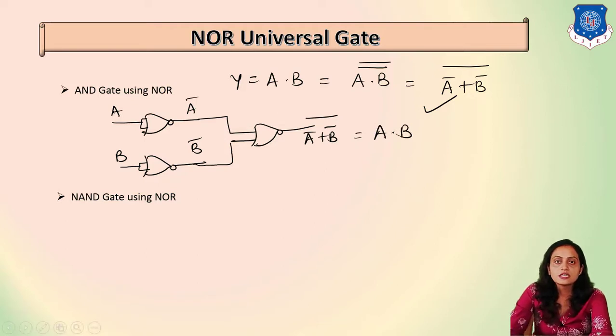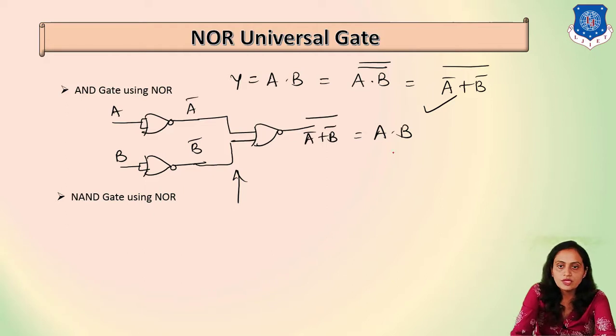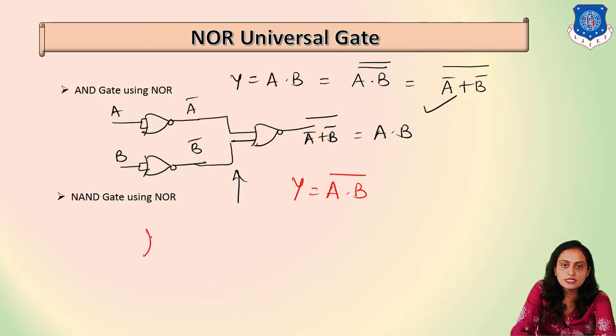So this is the circuitry of the AND gate using the NOR gate, and to develop the NAND gate using the NOR gate we will use the same circuit which is over here, and we will just put one NOT gate at the output. We have the equation y is equal to A dot B whole bar, and I'm going to draw the same circuitry again.